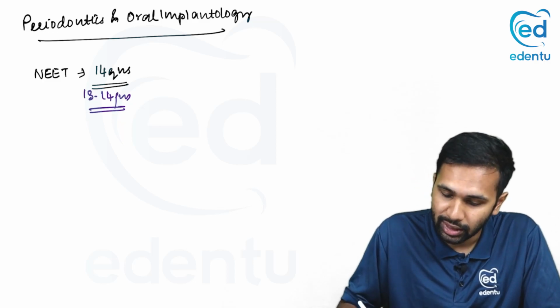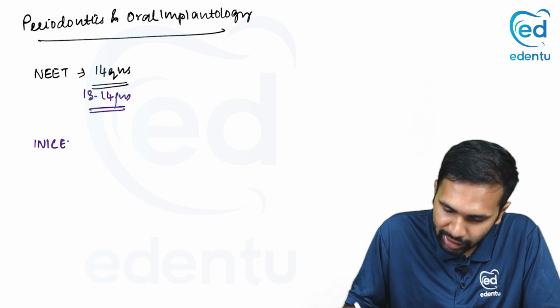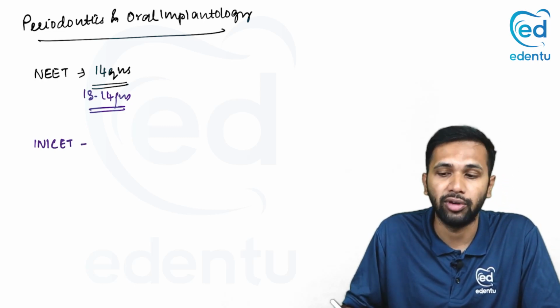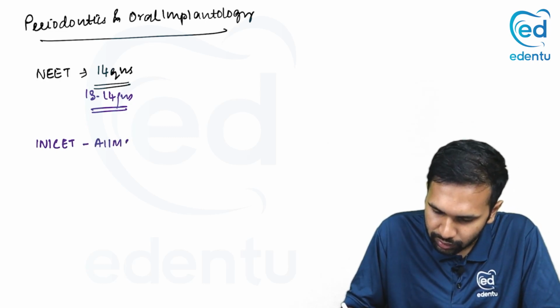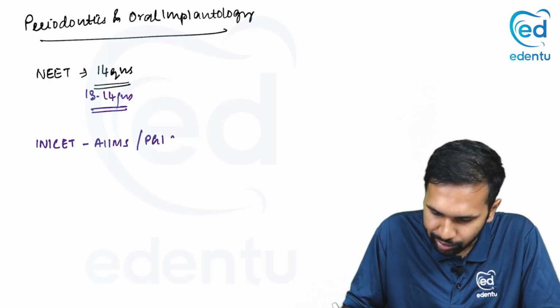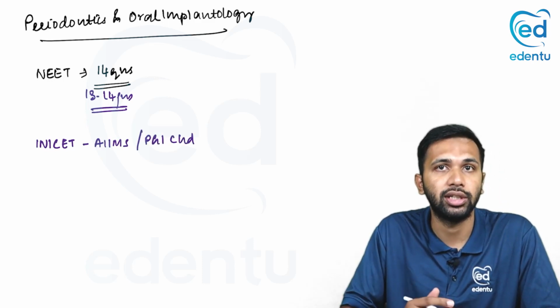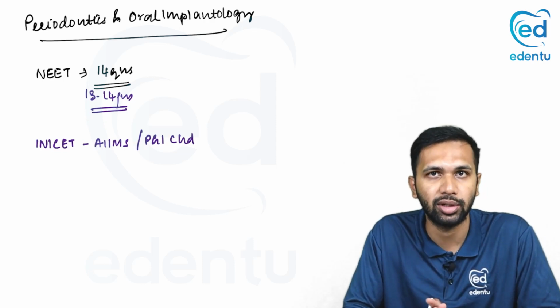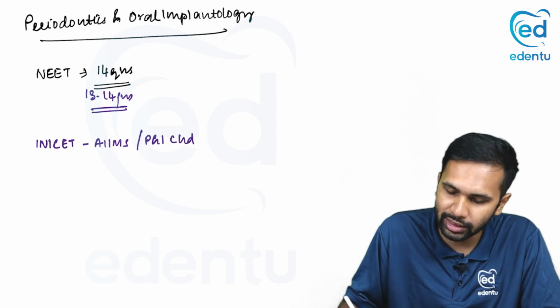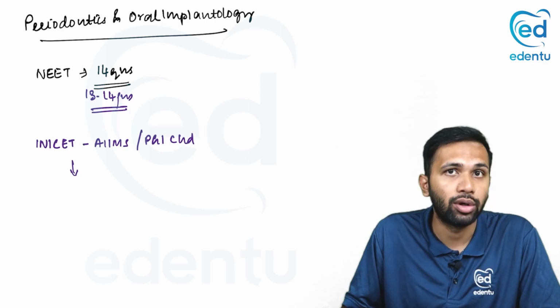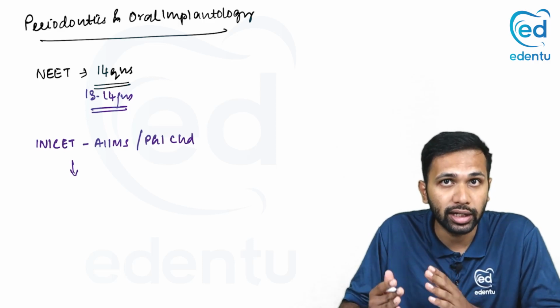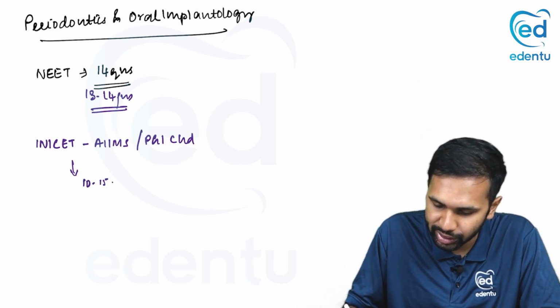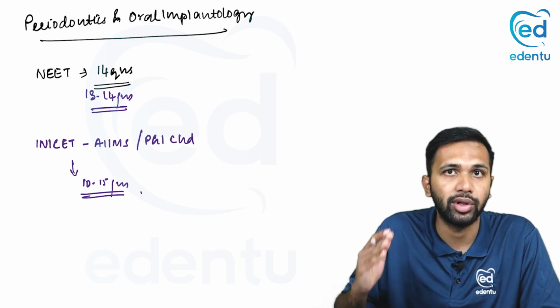Make use of this. And in your exam, that is your INICET, which was formerly referred to as your AIIMS or your PGI Chandigarh or your JIPMER Pondicherry, it is clubbed. Now the exam is called INICET. In this exam, let's say out of your 200 questions, again, around 10 to 15 questions can come from your perio.